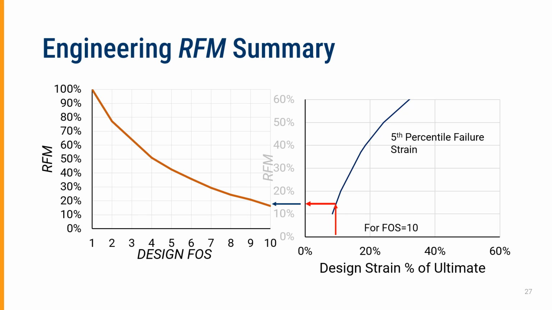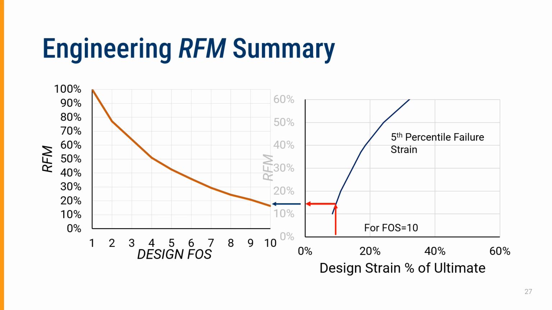This actually starts to look a little bit complicated, but essentially what we've done is construct this curve based on the strain expected at different design factors of safety and what RFM value is expected, plotting against the fifth percentile failure strain curve.